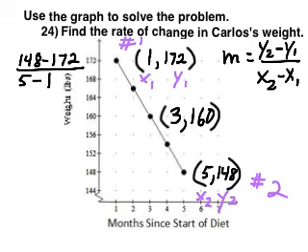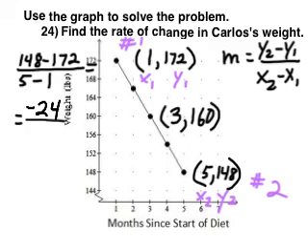Okay, so we make these subtractions. I'm going to put the answer down below it. Okay, 148 minus 172 is a negative 24. You have to keep track of the signs. If there's a negative sign, you got to use it.